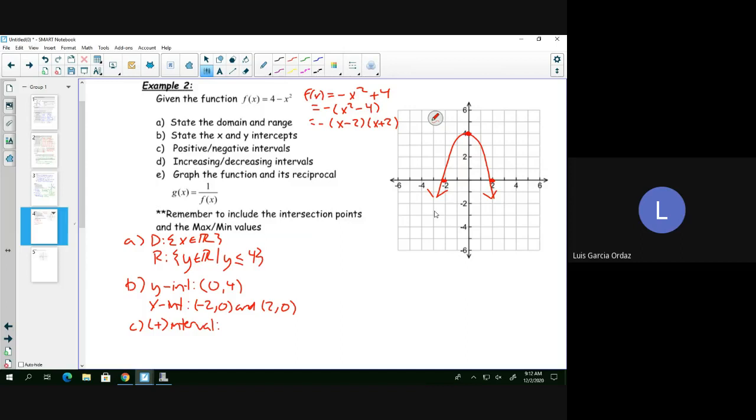Between negative 2 and 2. And at what point is our graph below the x-axis? Negative infinity to negative 2, and 2 to positive infinity.